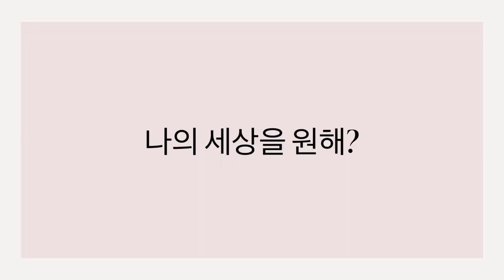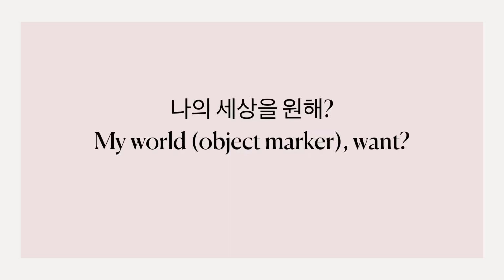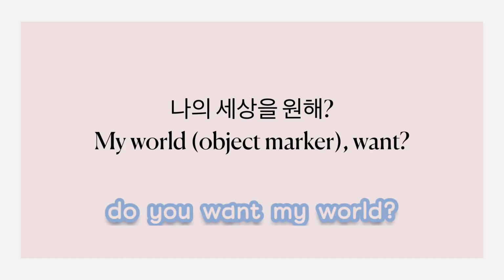Okay, let's do a quick review on some of the words. Now, if I say 나의 세상을 원해, what do you think this phrase means? 나의 세상을 원해? 나의 세상을, my world, 원해? Want? Do you want? So, do you want my world?